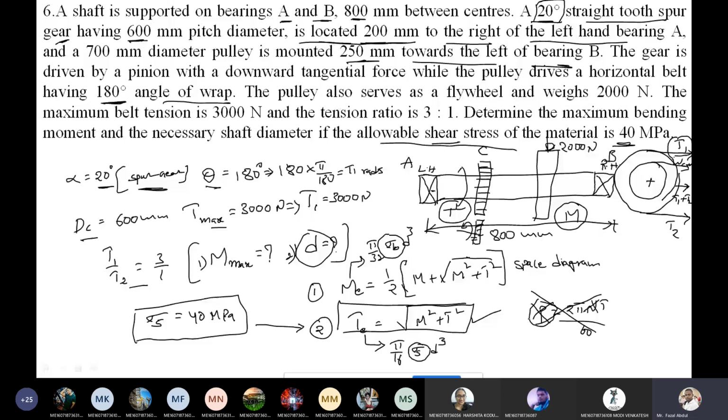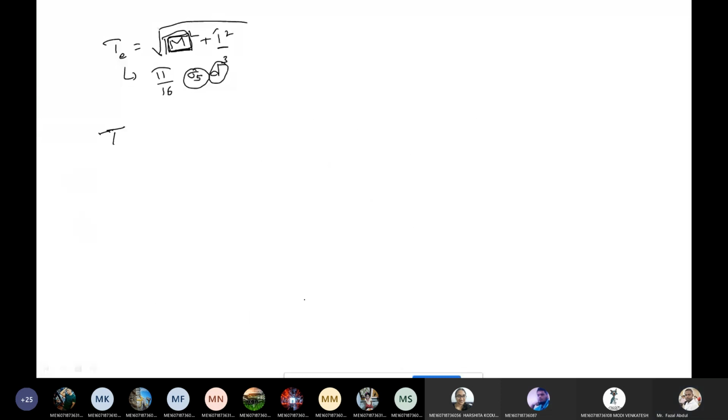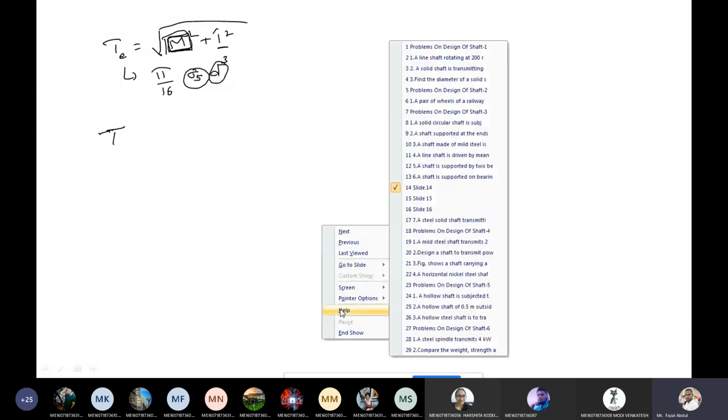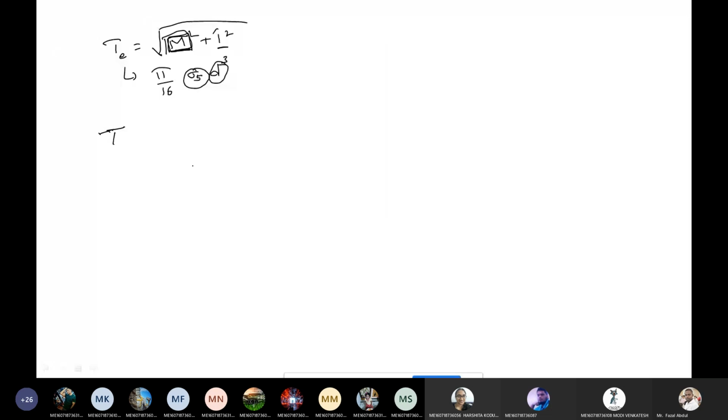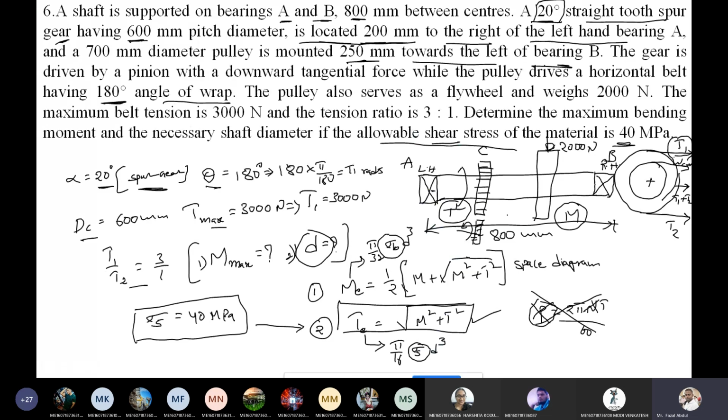The alternate way is another relation: torque T equals (T1 minus T2) into radius. Which radius do I have to take here? T1 and T2 can be found in the space diagram.